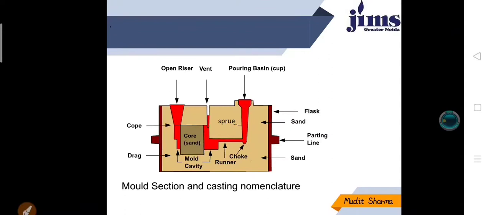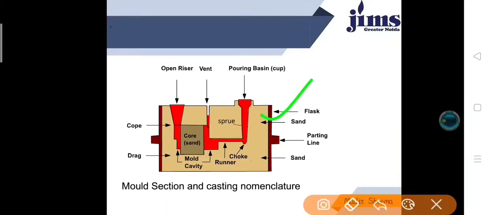What is a flask? A flask is a metal or wood frame without fixed top or bottom in which the mold is formed. Drag is the lower molding flask. Then cope is the upper molding flask. Cheek is the intermediate molding flask.